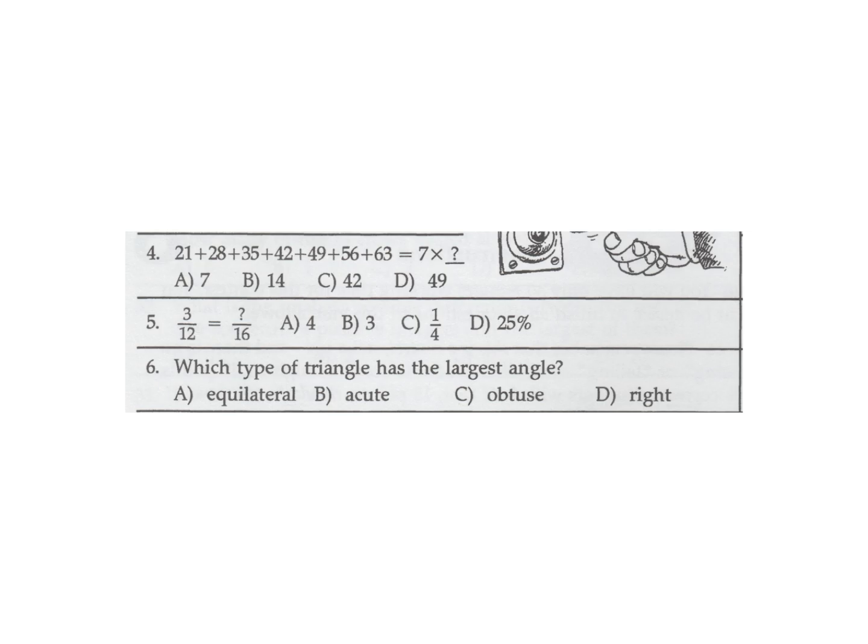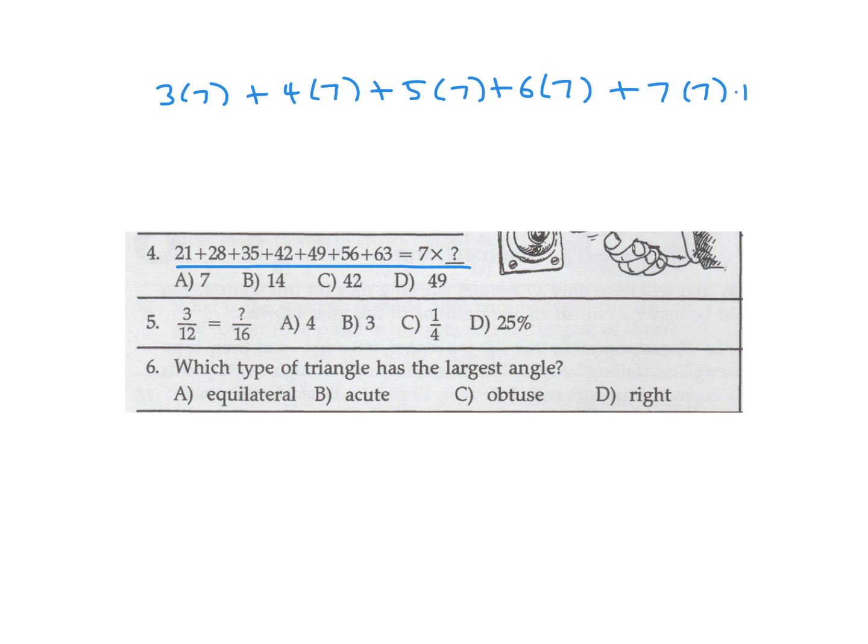All right, so we have to add all these guys. Well, these are all multiples of 7, I think. It looks like it. So it's 3 times 7 plus 4 times 7 plus 5 times 7, and so on. 6 times 7, 7 times 7, 8 times 7, and I think 9 times 7.